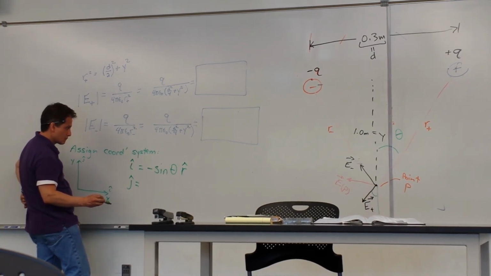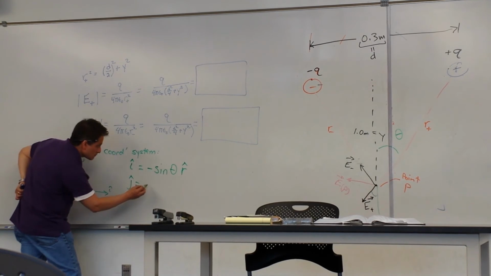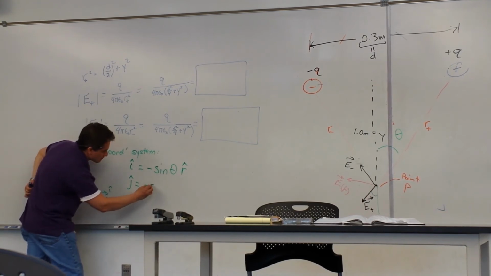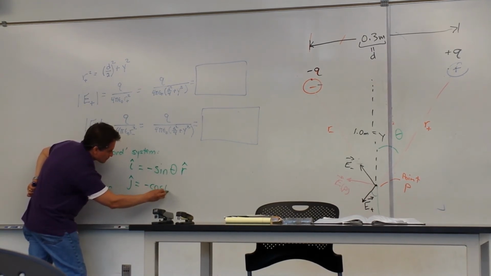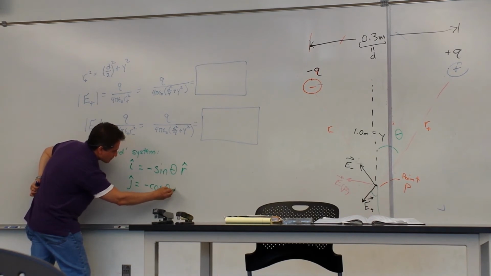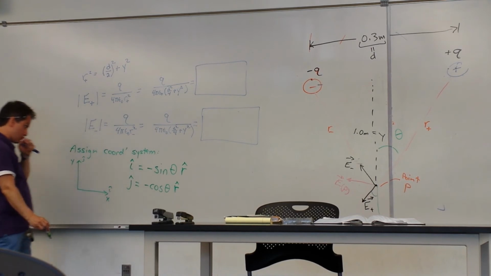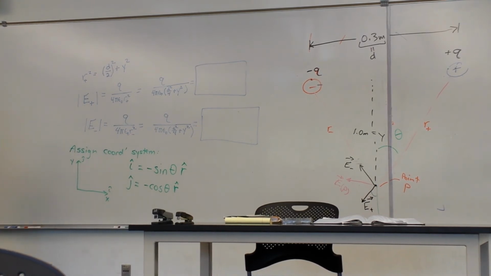There's just one negative for the whole thing, because I'm looking at it this way and saying that it's in the negative x direction by my coordinate system here, and dealing with magnitudes. It makes sense that they would be the same number, because these have the same charge.